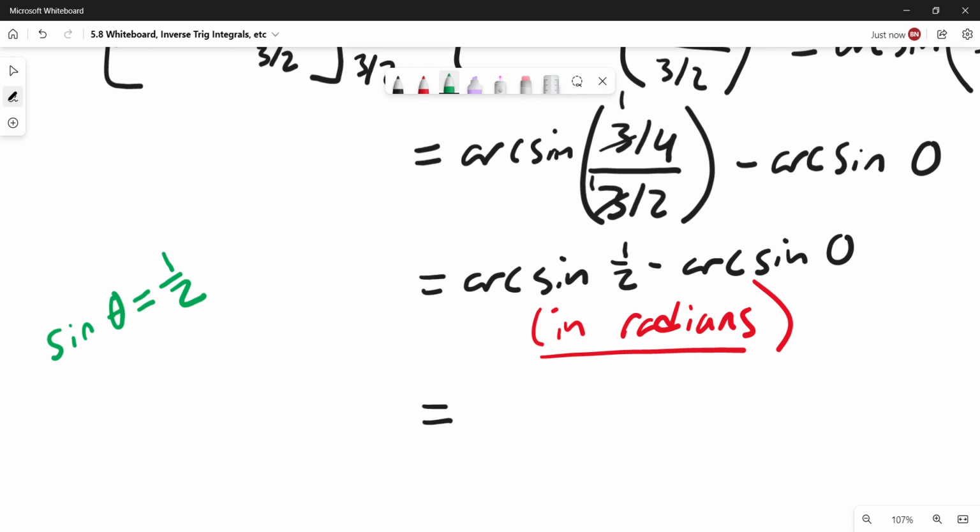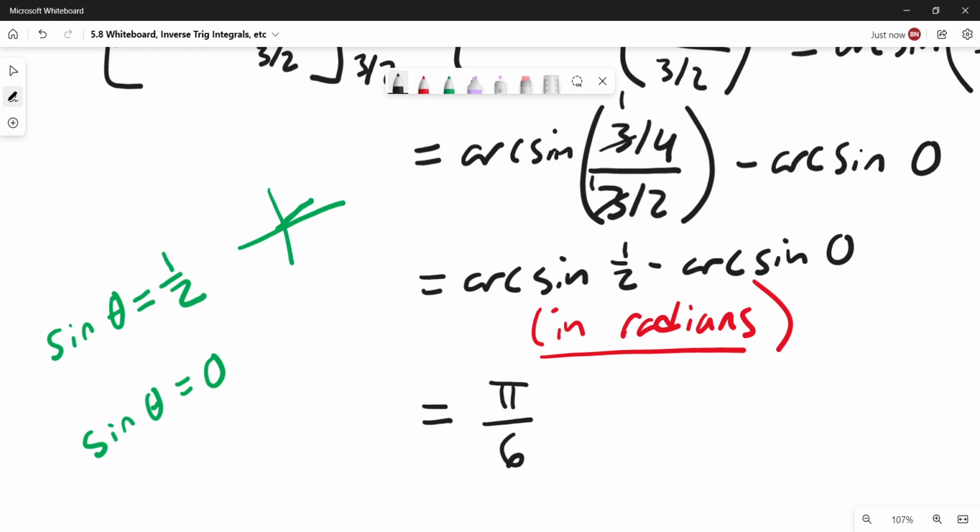And then arc sine of 0 is sine of what angle gives you 0. So sine of 1 half is the small thing, we're talking about the smallest angle here. So that would be pi over 6.